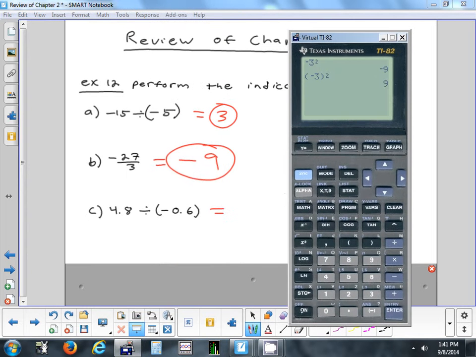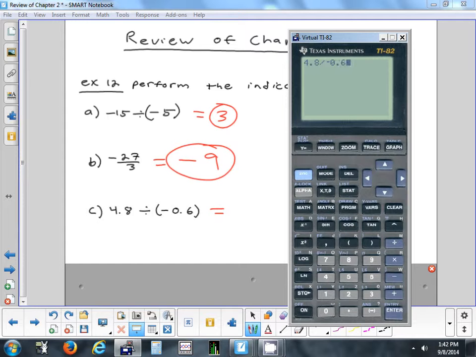This calculator is good because it shows you exactly the order you need to type it in. 4.8 divided by, and notice there's 2 buttons here. One's a minus, one's a negative. There's the exact same thing on the calculators I'm going to give you in class. If you want a negative, you've got to use the dash that looks smaller. That's a subtraction sign, not a negative symbol.